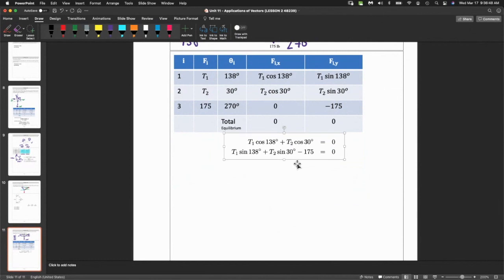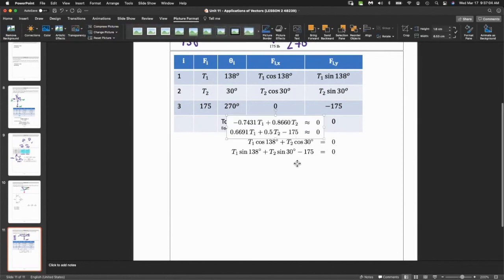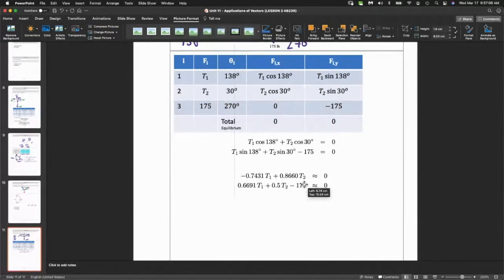At this point, I think that we're in a position where we can solve for T1 and T2 if we can just get past all these trig ratios. So my advice to you here is to just take your calculator and type in all those trig ratios, and you'll end up with this system here, which is a little bit cleaner.